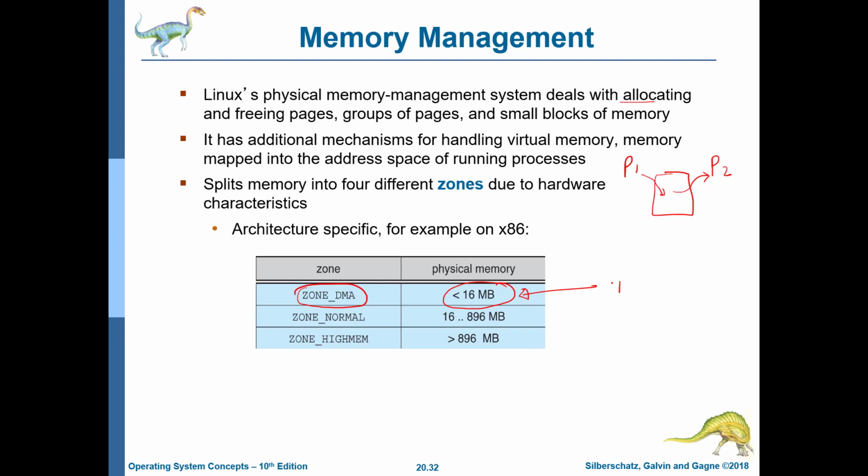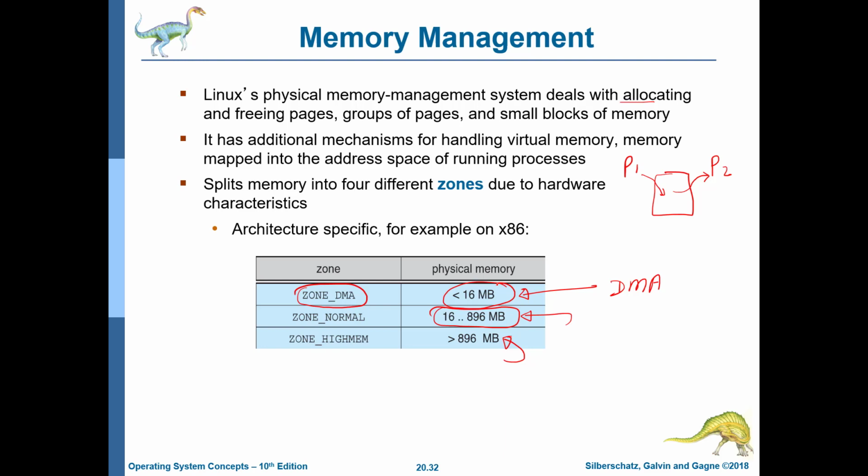This is mainly for DMA operations, where it is assumed that the DMA controllers will directly write into this zone. Then there is a normal zone, where we look at regular applications, and then a high mem zone.